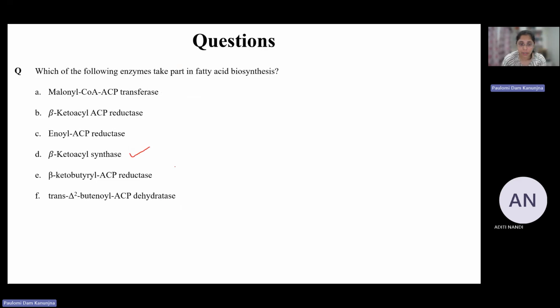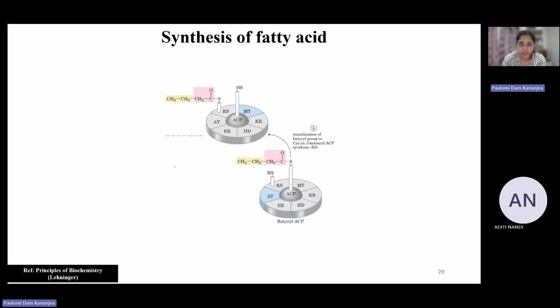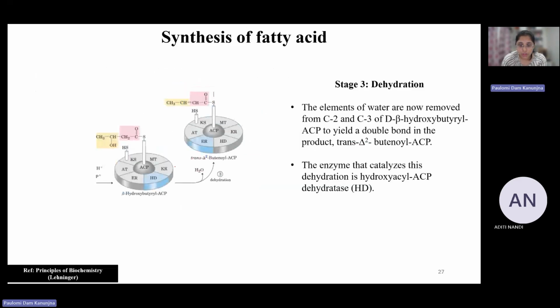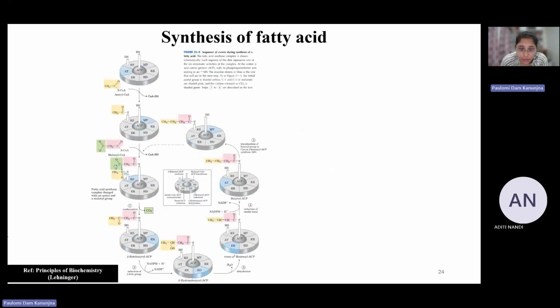So maybe I'll just go back to this step here. The names of the enzymes are actually in the first one that we have looked into. So the first enzyme is malonyl coenzyme A ACP transferase, that is here. The second option was beta ketoacyl ACP reductase, which is here.